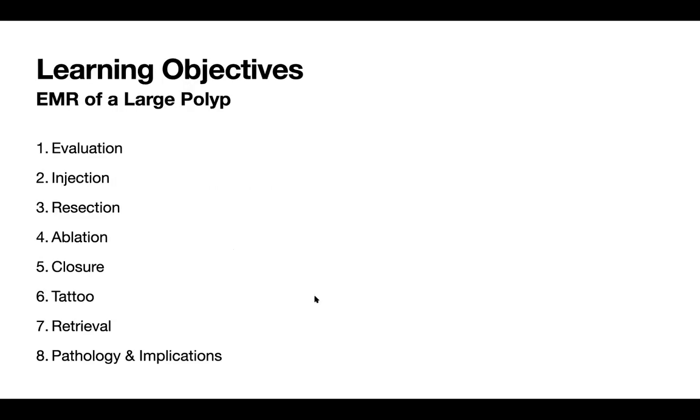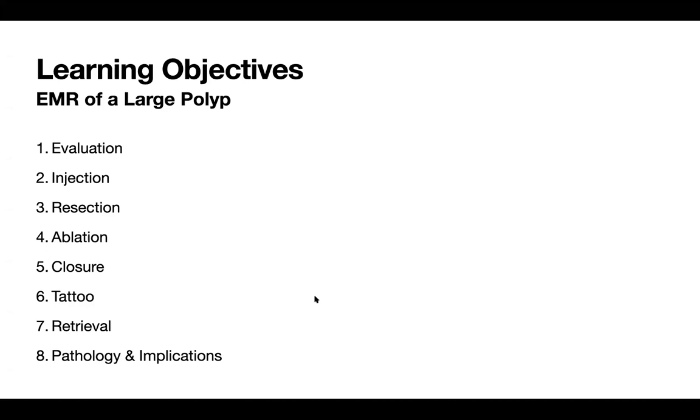So we're going to go over step by step how to manage a large polyp. How do you figure out whether this is benign or malignant when you look at it? And what type of resection are you going to do, whether you're going to lift it or not? And once you resect, what's the role for ablating the edges of the lesion?